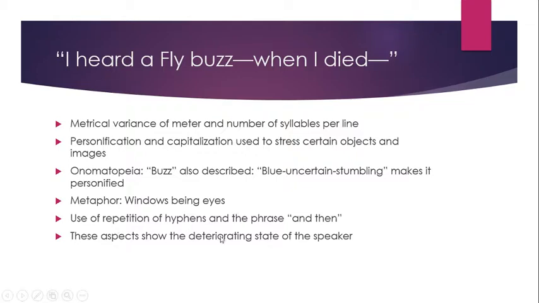And then there's a lot of repetition of hyphens and the phrase and then, particularly at the end of the poem, that contribute to our desire to read on, the speed at which this is happening, and so forth. So all of these things contribute to how Dickinson is depicting the deteriorating state in the process of death.